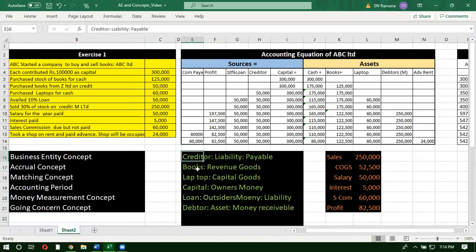The terms are creditors, debtors, capital goods, revenue goods, capital, and loan. These vocabulary, concepts, and conventions are the foundation for the rest of the reporting when you get into more and more complex and complicated transactions.